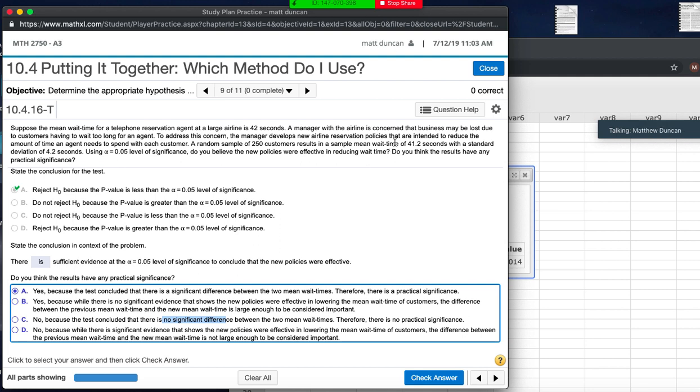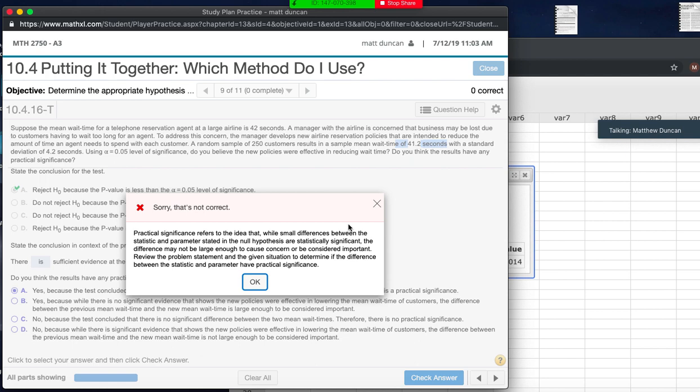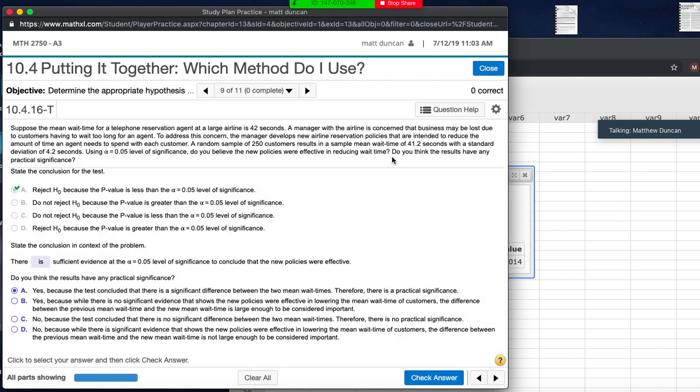We have a sample, right, which is different than 42, but I don't know what the actual average wait time is. Does that make sense? I have a sample. Maybe I'm wrong. I see their point because 41.2 is not that much smaller than 42.